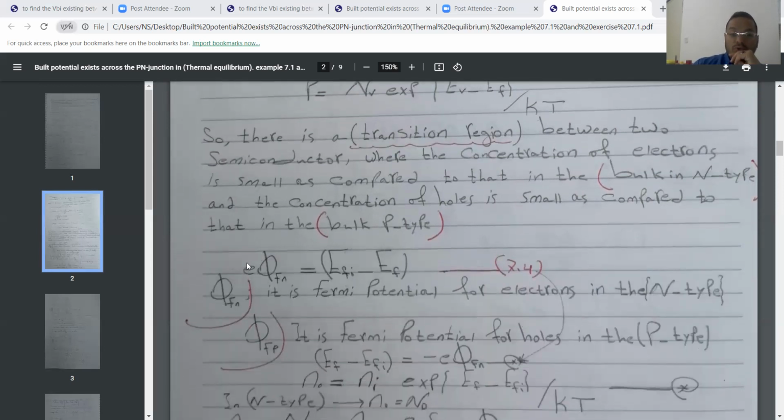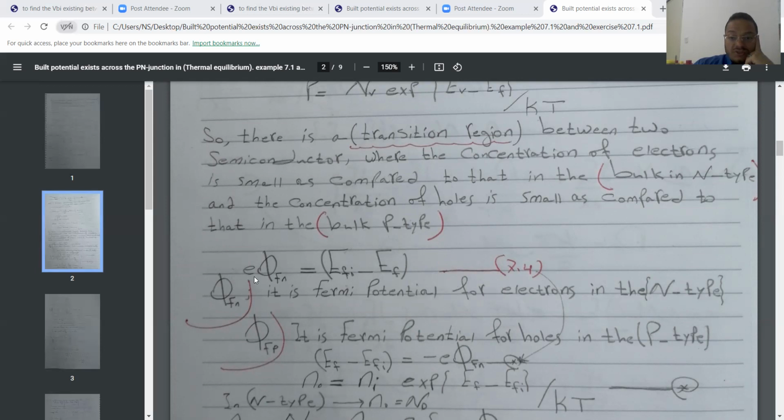Now, this will be the most important equation; we will depend on it to find the last result, the potential barrier at the junction.